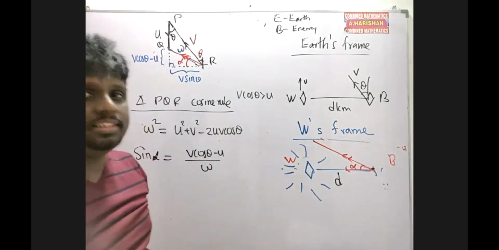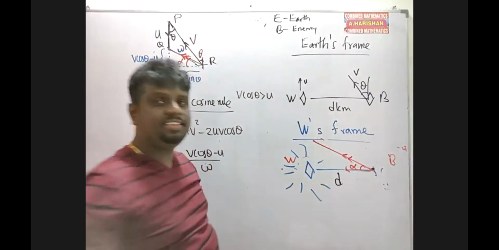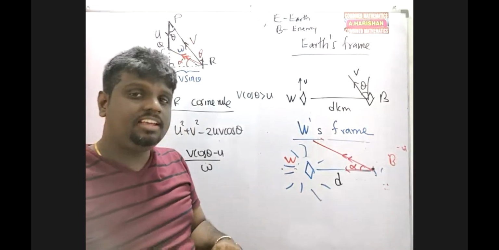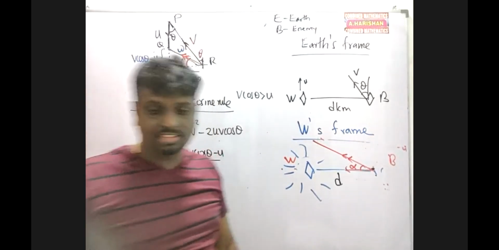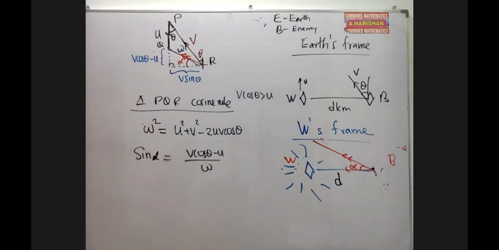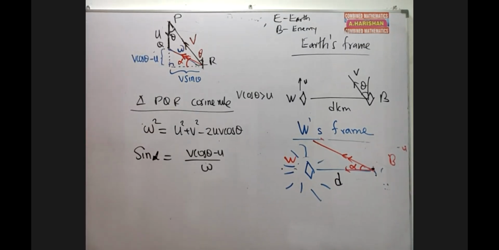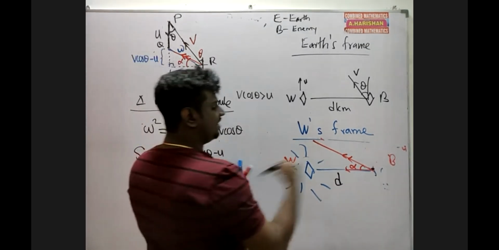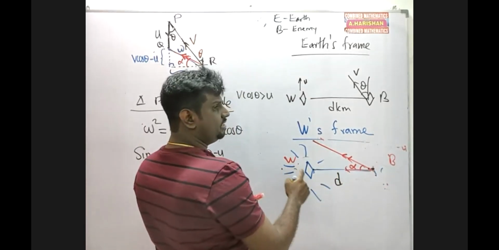Now we come to the final answer. So the answer to this question. What do they say in that question? Least distance. So least distance means here at the initial, that is the distance D. Now this guy doesn't move, according to this guy doesn't move.